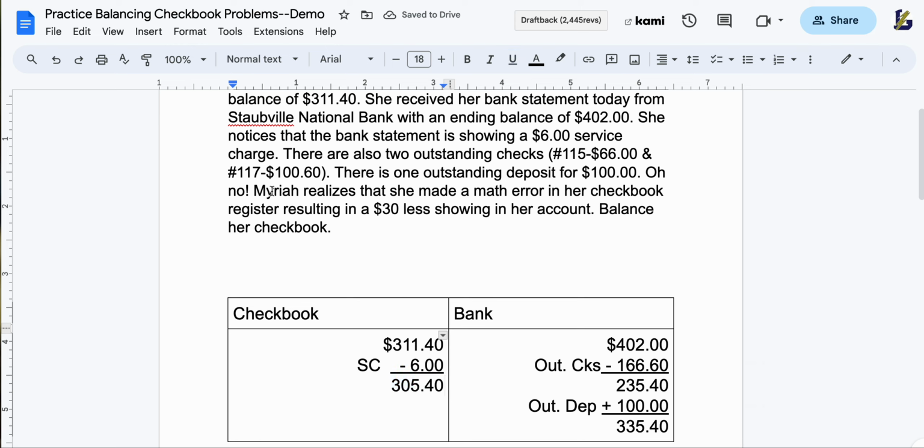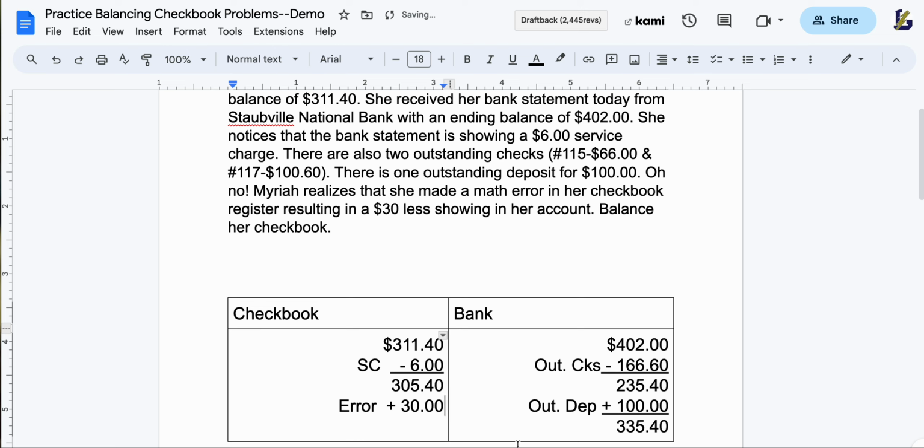So keep reading here. Evidently, there's a math error in the checkbook showing $30 less in her account. So there's $30 less showing. To fix this error, we have to add $30.